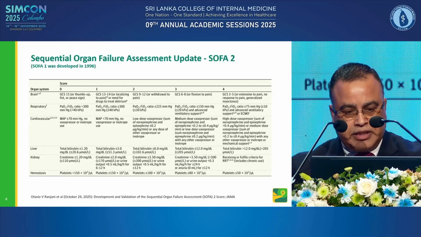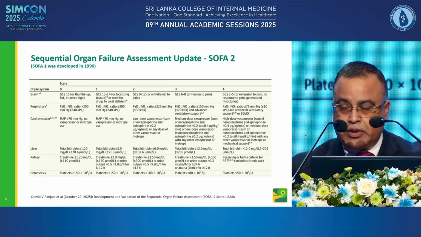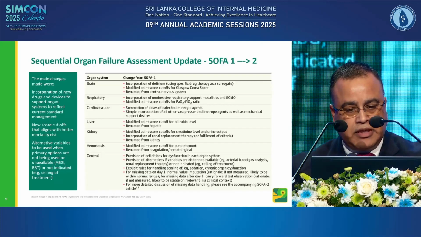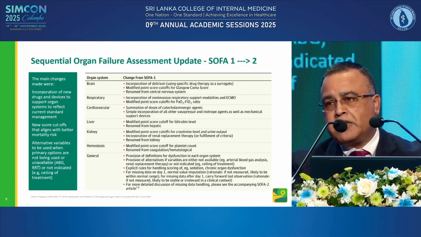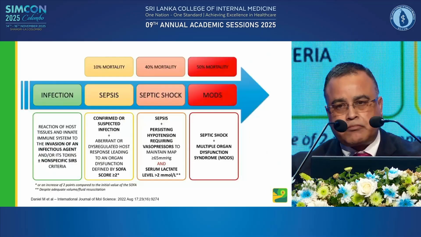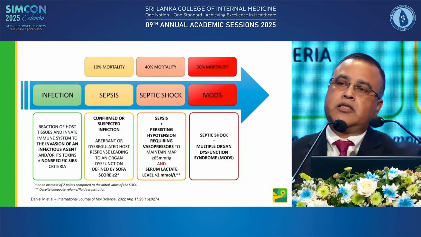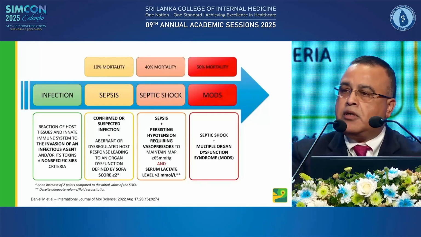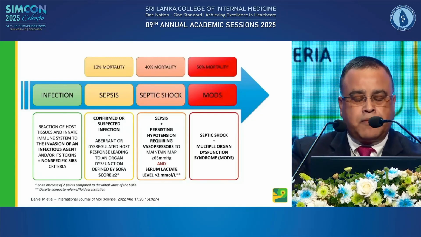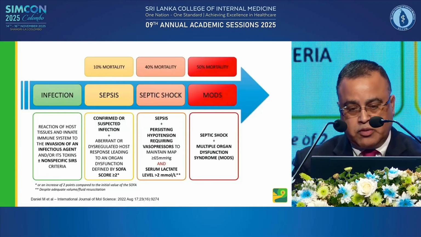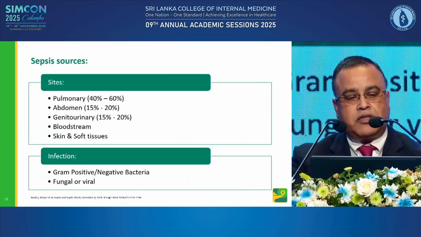Again, I don't want to go into details, but it took almost 20, 30 years to change all these variables. Most important are the brain functions or cognitive impairment, and the other is the targeted therapy that we generally use. In terms of mortality, it is up to 50% if you have multi-organ dysfunction. Generally, sepsis has around 10 or 12% mortality, but it's almost 50% when you go from septic shock to multi-organ dysfunction.